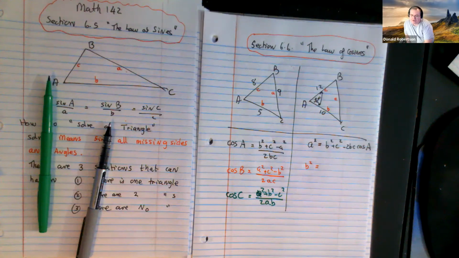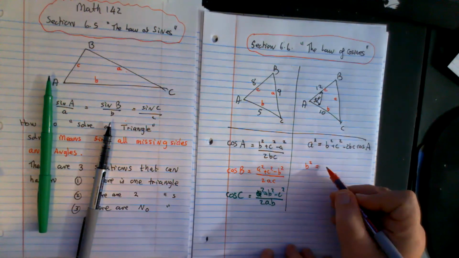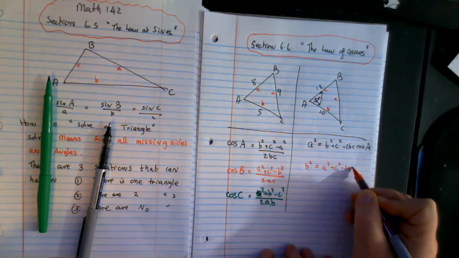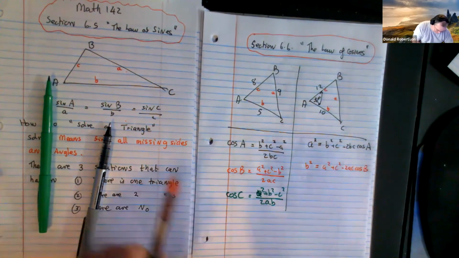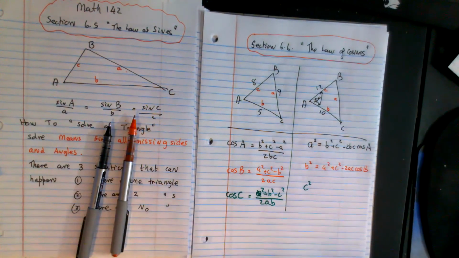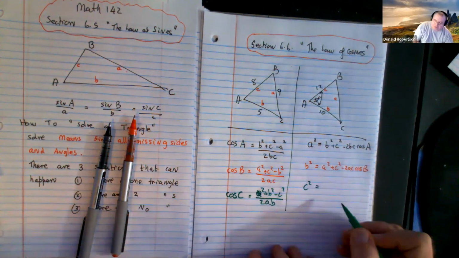Any suggestions? b squared is equal to a squared plus c squared minus 2ac cosine B. Great. And occasionally, isn't it, you're going to have to find little c, right? And in little c, what would the formula be now?